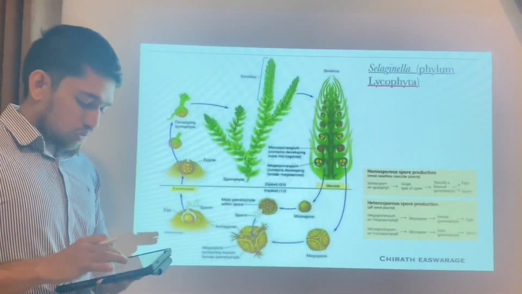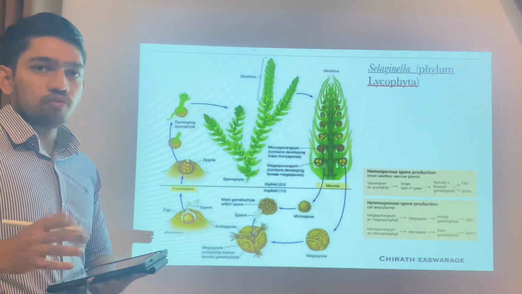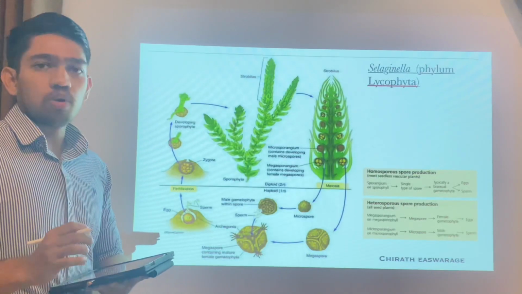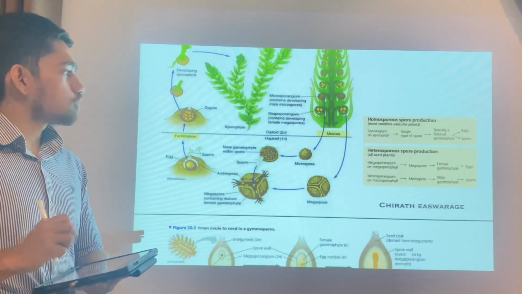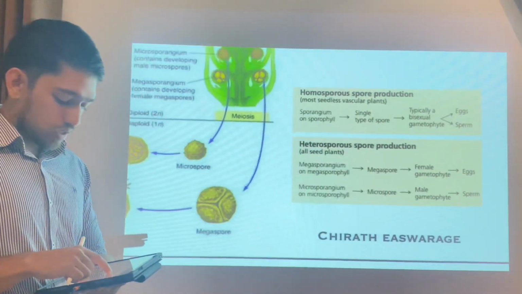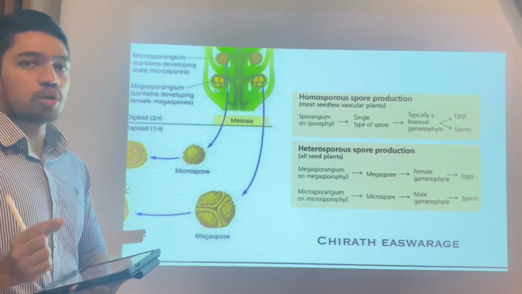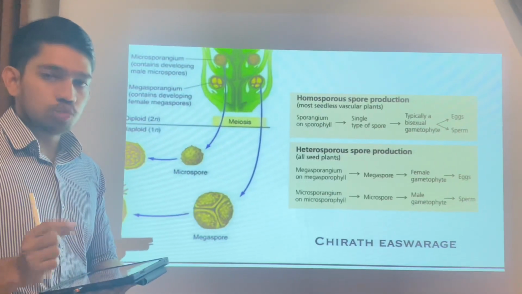Selaginella is a spike moss. We consider all spike mosses to be heterosporous. What is heterospory? That means there are two types of spores produced by the sporophyte in their sporangia. What are sporangia? Sporangia are the reproductive structures of the sporophyte.